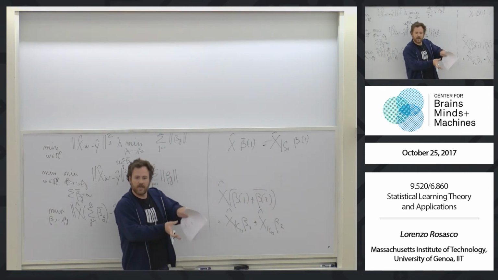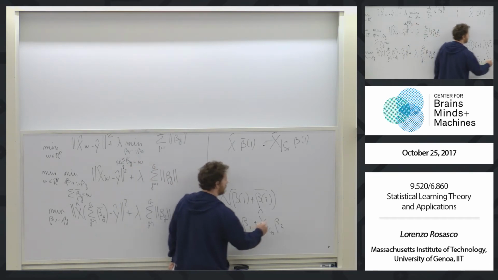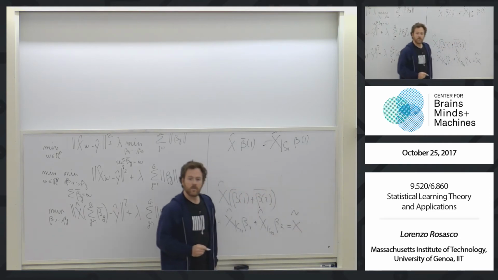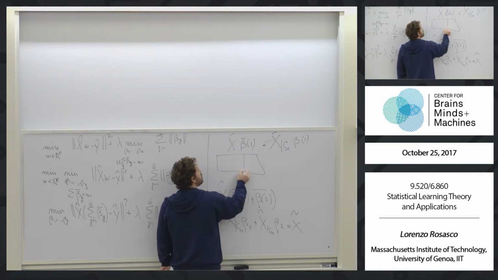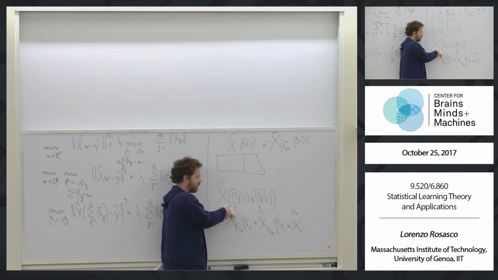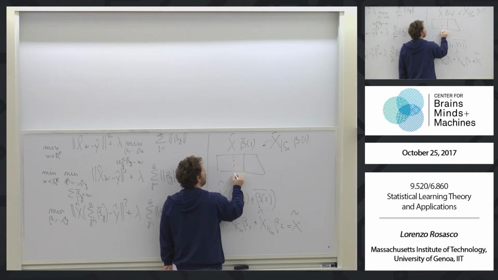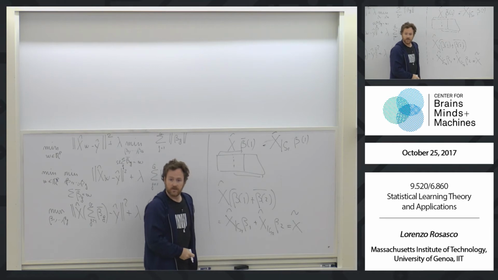But this means that now you can take this whole thing and think about a matrix. Let me call it x tilde, which is what? I take the matrix X. I have to take these columns to build the first part. Then I also have to take this column to build the second part.